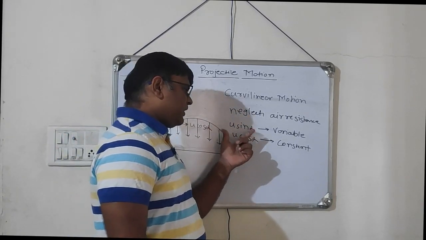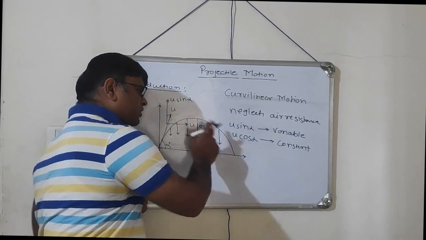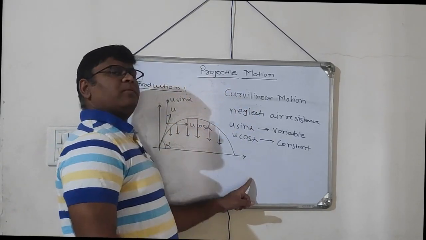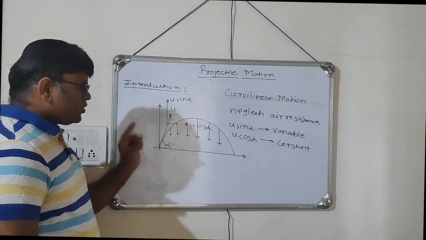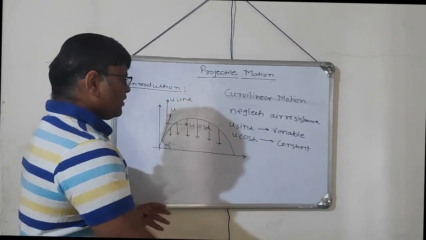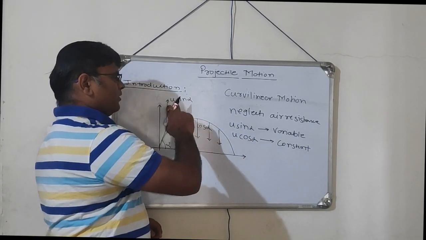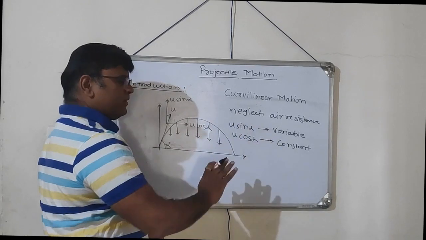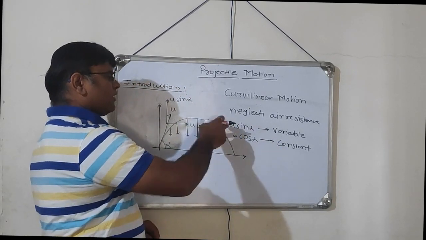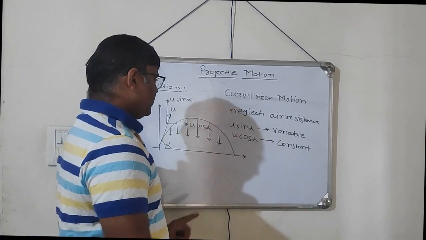So u cos alpha, the horizontal component of the velocity, remains constant throughout the motion, or the path, of the particle. This is a very important thing, and this is what I need to tell you at the beginning. The horizontal component of the velocity always remains constant. The vertical component of the velocity is variable. It varies as the particle changes its position.